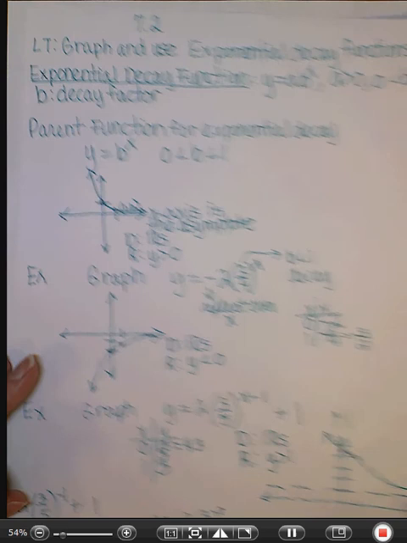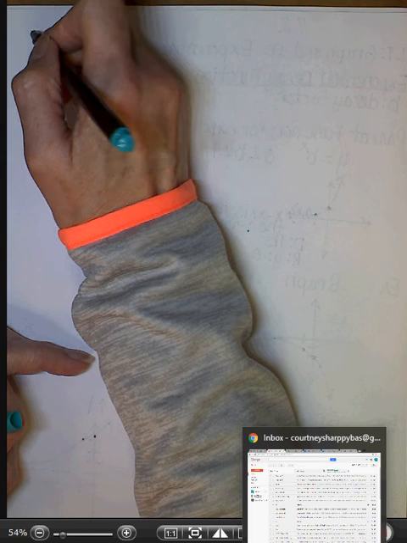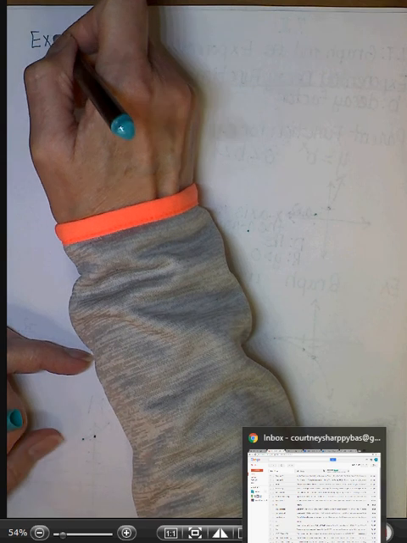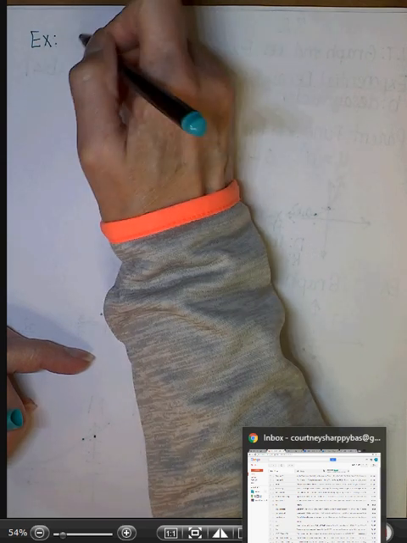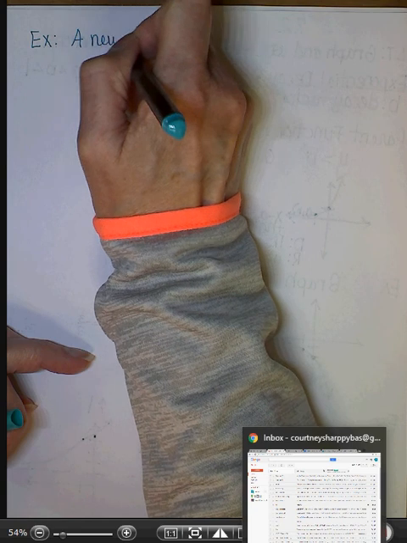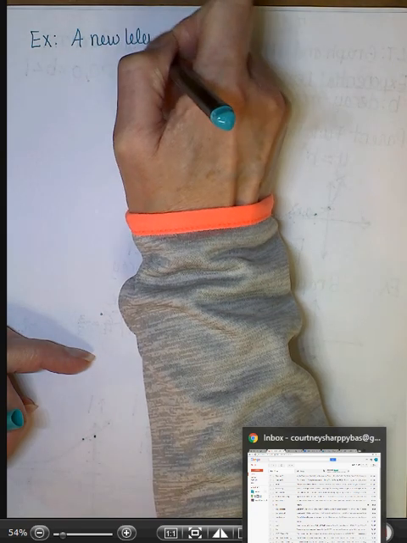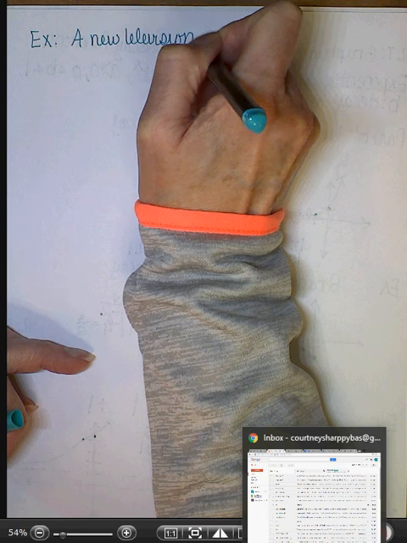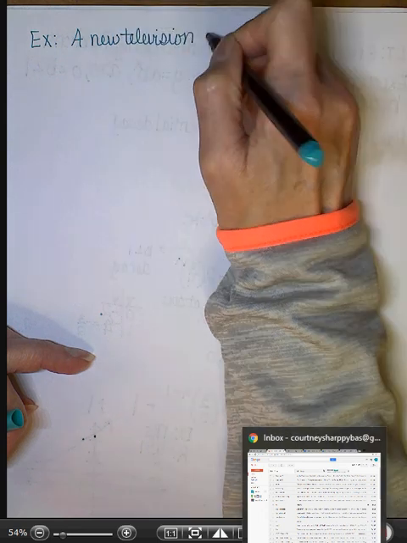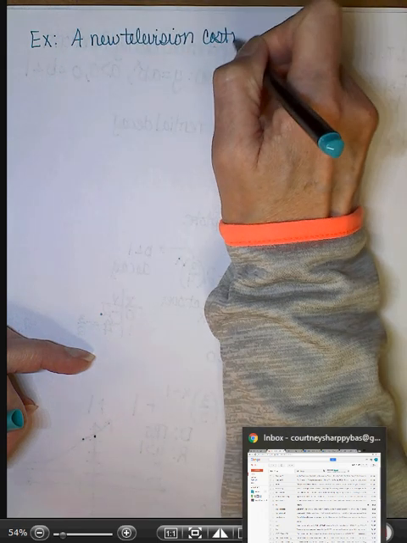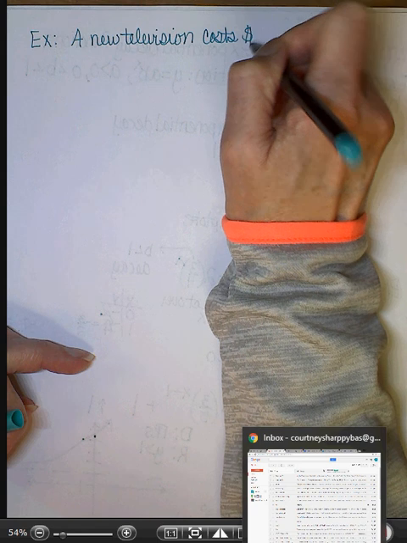Alright, so we have one more example to do, and this is an application, so it's not a graph. And again, like we did on day 1, you don't have to write this example all the way out, but you can if you want to. It says a new television costs $1,200.